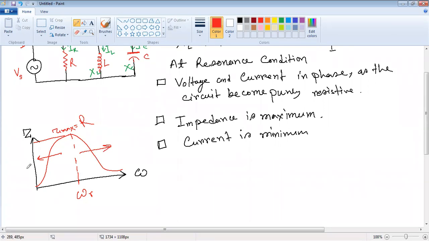This is what happens in parallel resonance conditions.